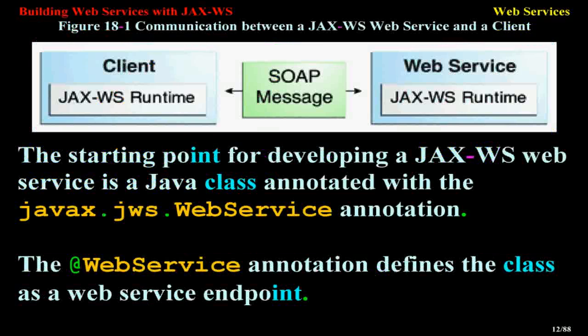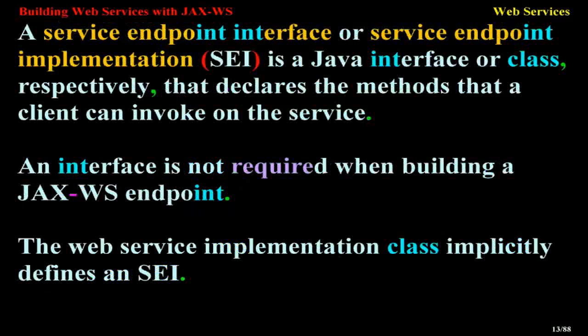The starting point for developing a JAX-WS web service is a Java class annotated with the javax.jws.WebService annotation. The WebService annotation defines the class as a web service endpoint. A Service Endpoint Interface or Service Endpoint Implementation (SEI) is a Java interface or class, respectively, that declares the methods that a client can invoke on the service.